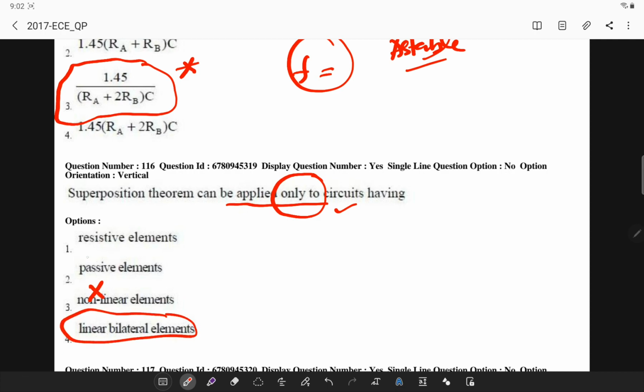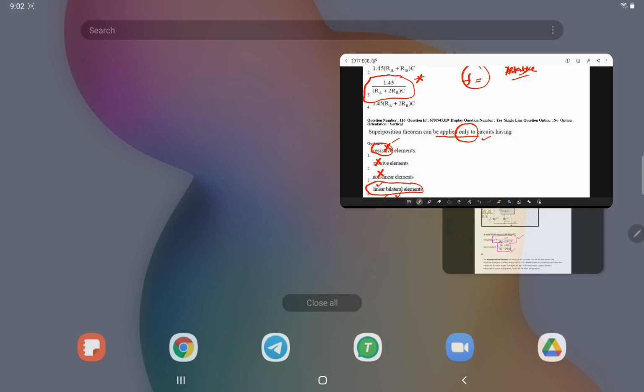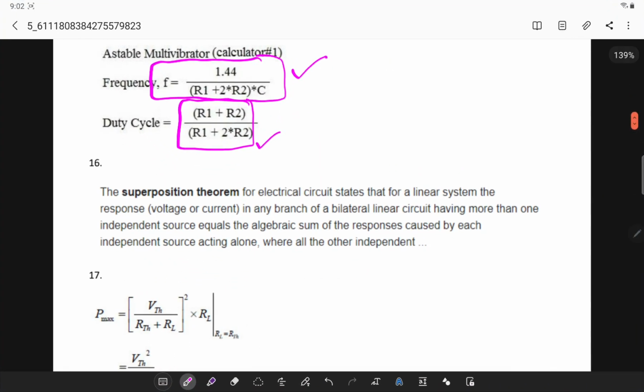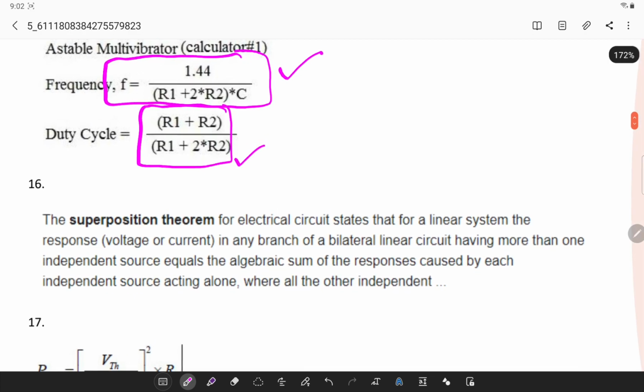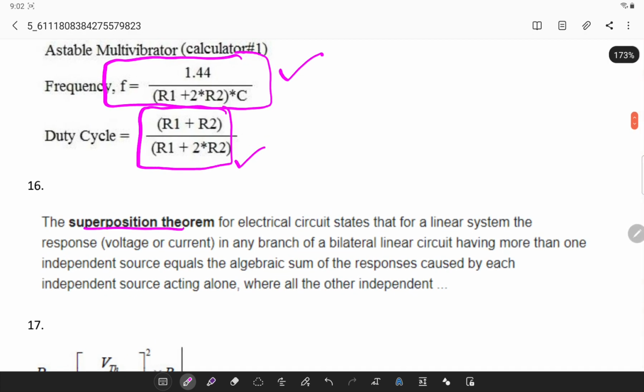Next, the superposition theorem can be applied only to circuits having linear and bilateral elements. It is also applicable for resistive elements, but mainly the definition is linear and bilateral elements. First we will just revise the superposition theorem once. What exactly is the superposition theorem?